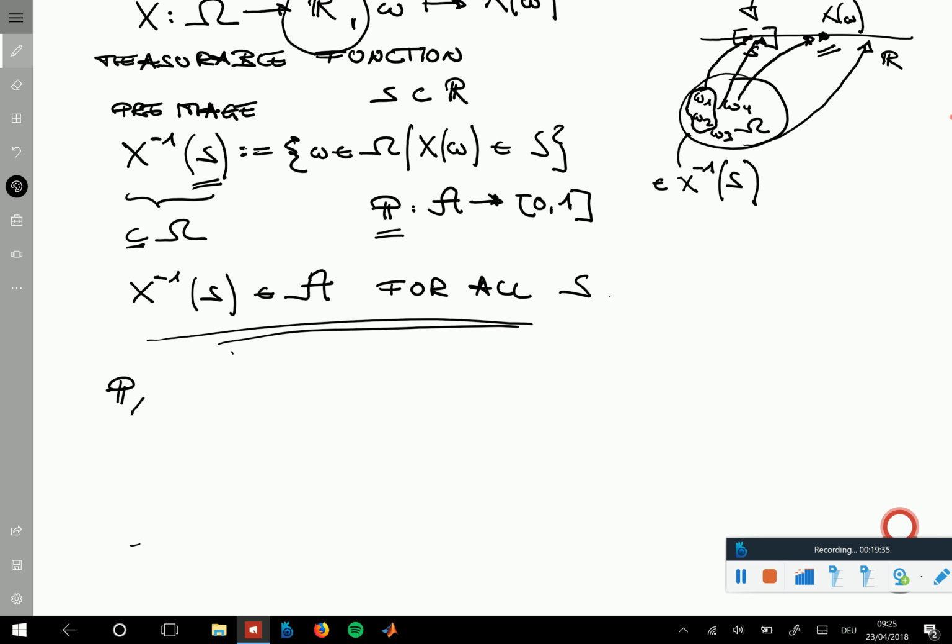Now, a distribution of a random variable is a function from a sigma algebra of sets, which are these sets S here, to 0, 1.